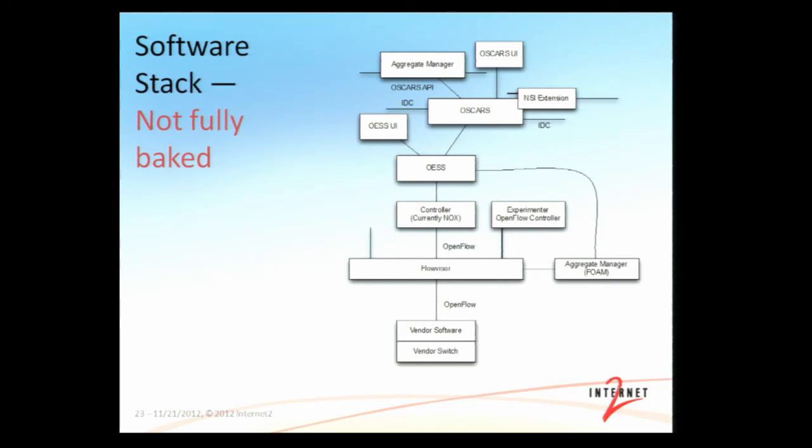Perhaps more interesting or longer term, there are folks who are interested in running their own controllers. You can have an aggregate manager that controls flow spaces and gives you a slice. So you could envision that we will be offering the ability to run your own controller within your own slice.